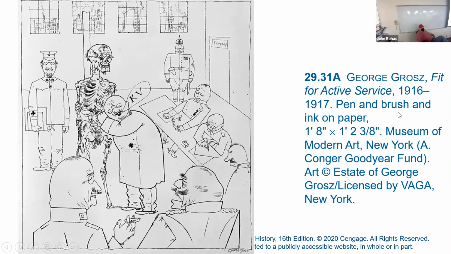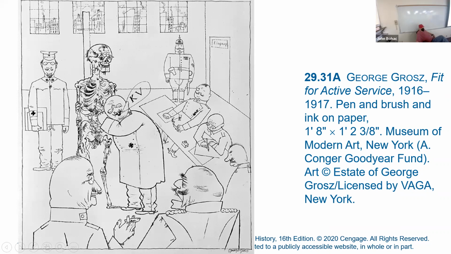And this is pen and paper with a little brushwork in it. Fit for active service. And so what you see here, these are all military people, the fat cats, if you will. And here's the doctor with his German Iron Cross.